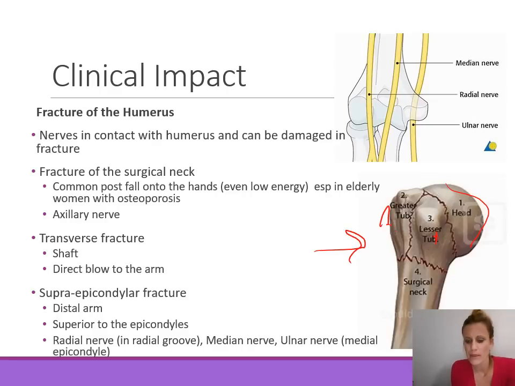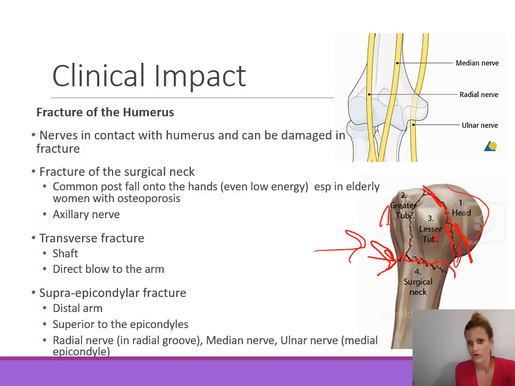This area in between the head and the tubercles, this little thinned out area right here, is the anatomical neck. The anatomical neck can be fractured, but it's not as frequently fractured as the surgical neck. The surgical neck is this thinned out area right here.